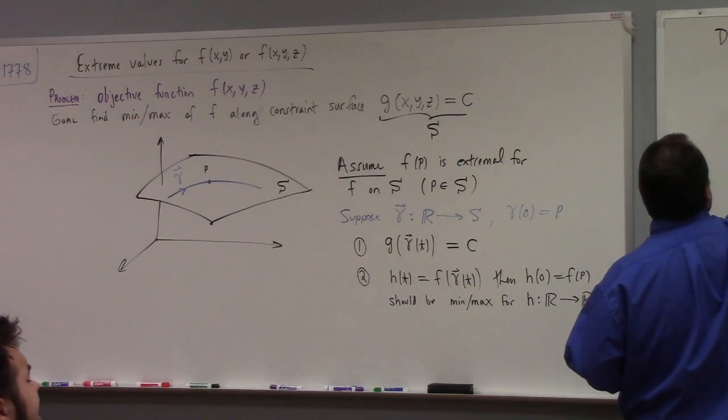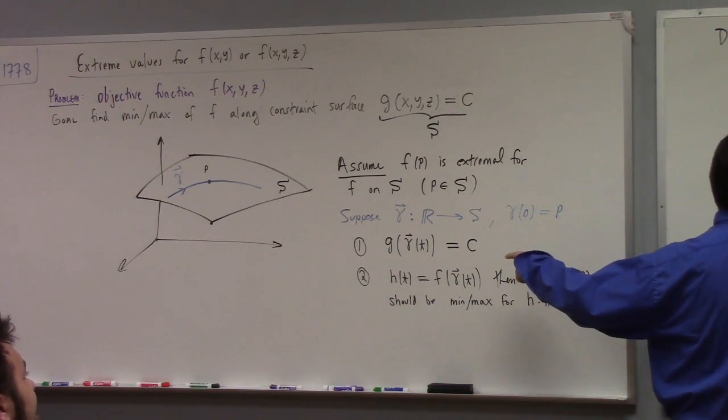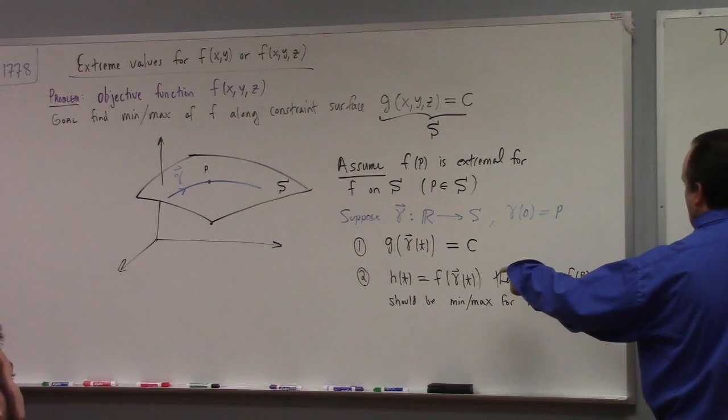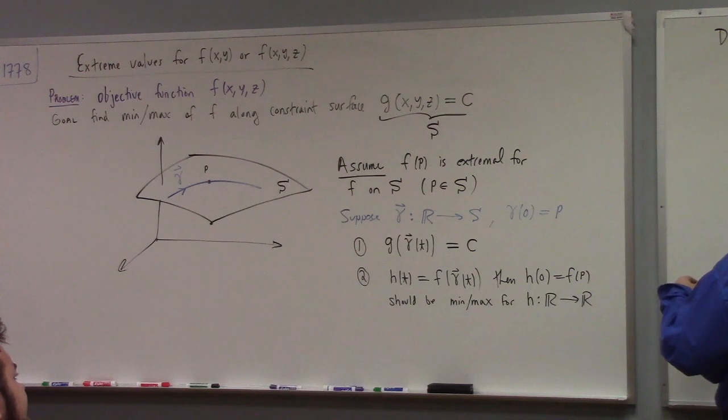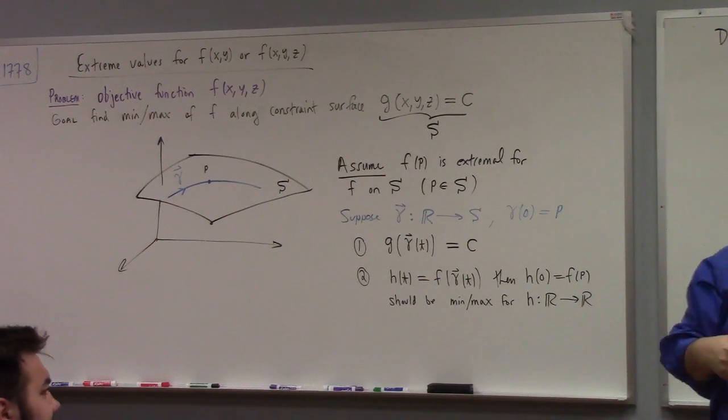And we get h prime of t is equal to the gradient of f of gamma of t dot d gamma dt. Now the first one's automatically 0 because why?